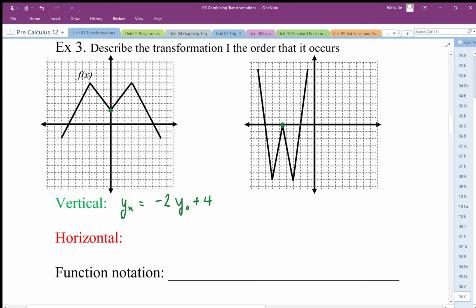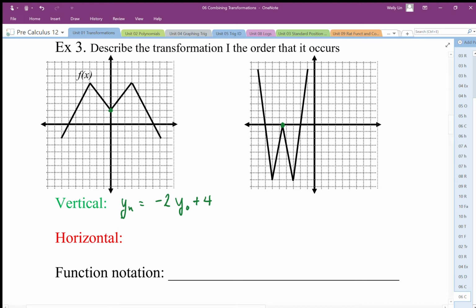Okay, what about the horizontal? Okay, so same thing. I want to figure out what my transformation of shape is first, and then move it into the right spot. So here, I have something that is 14 wide, and it goes to 7 wide. I've horizontally compressed this by 2.